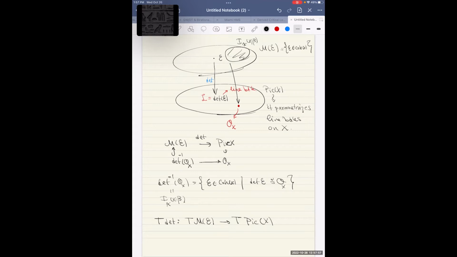So then, if I want to discuss the tangent space of I of X, I of chi X beta, that's the pre-image under the tangent determinant of O of X.